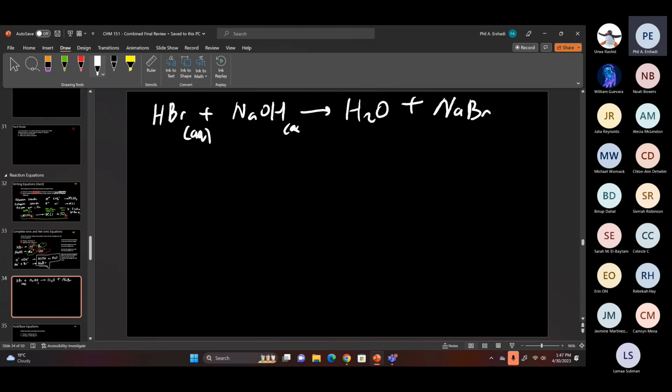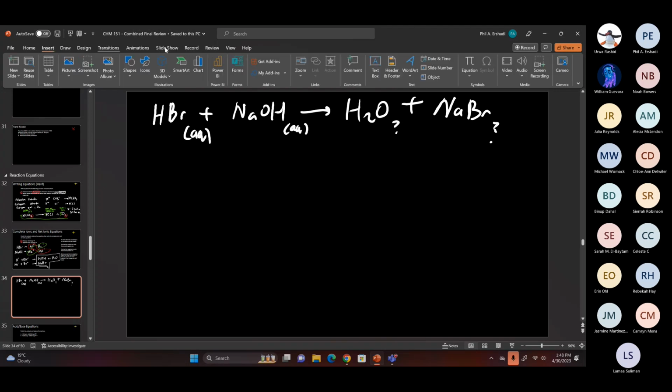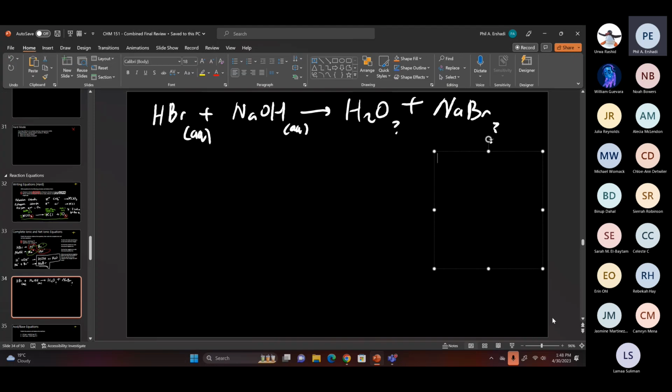These were both aqueous, and we haven't figured out what the states of water and NaBr are yet. So now we have to think about how to figure out those states. Either solid, liquid, gas, or aqueous.